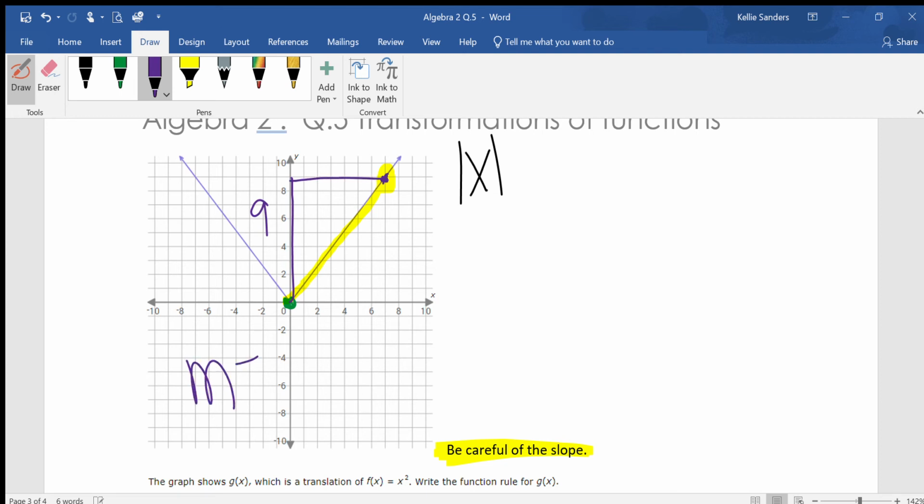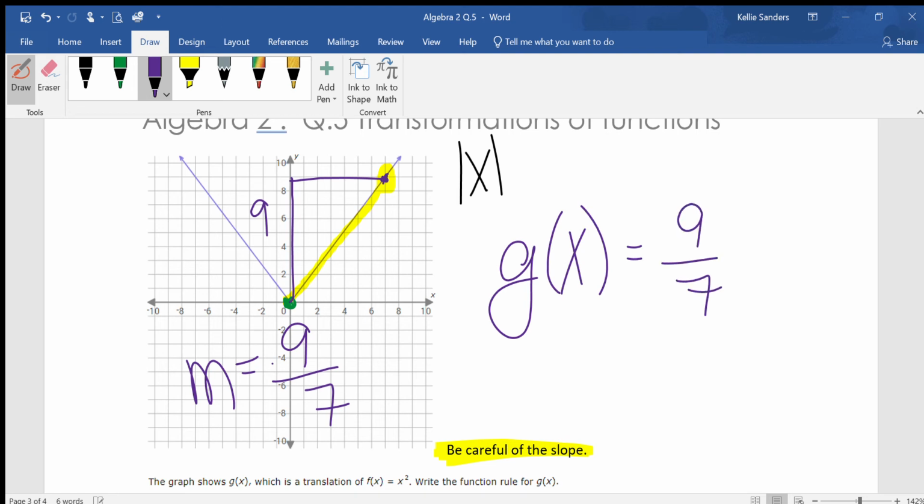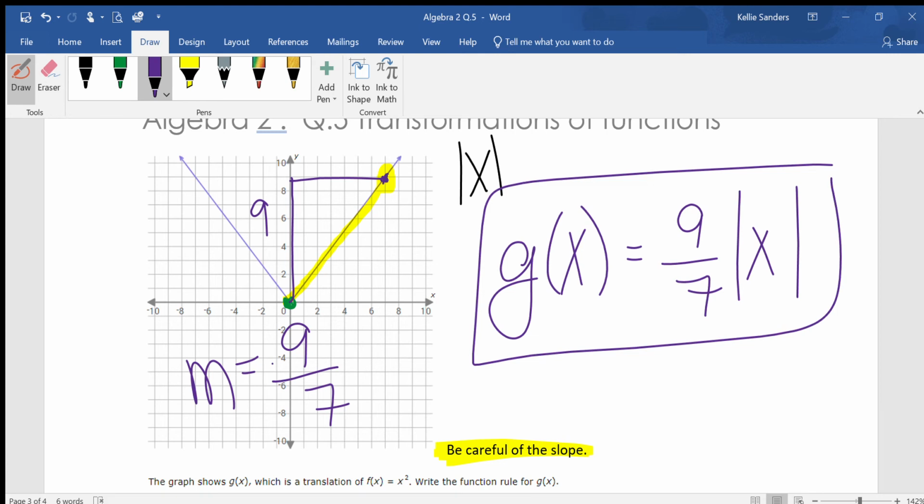It's basically slope, okay? So 9 over 7 to be able to get to the next point that it was there. So our equation, our g of x, you're going to put the 9 over 7 on the outside, and then there's that.